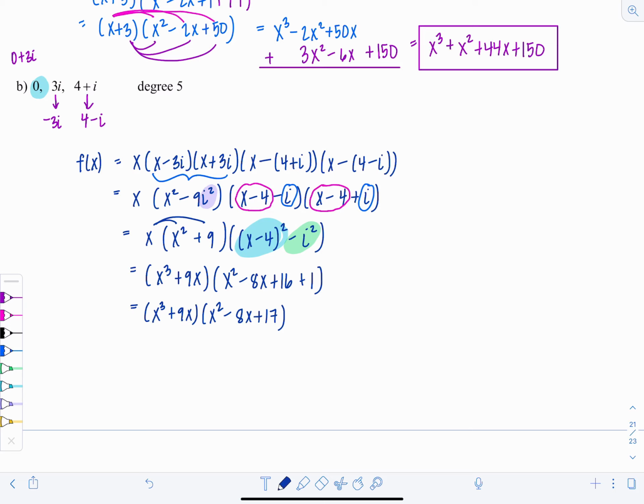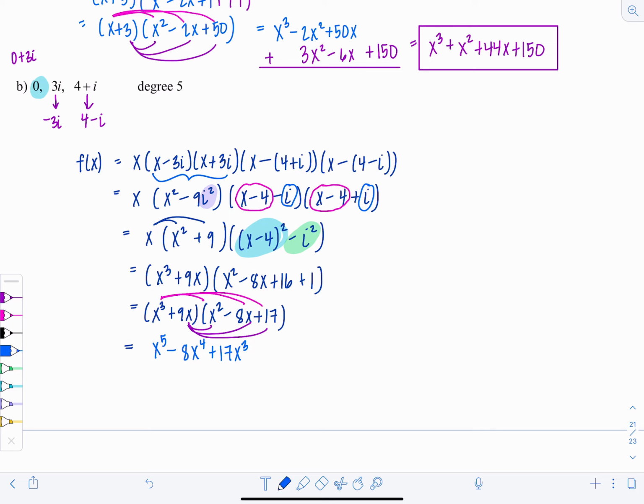And now we just FOIL away. So distribute the x cubed. We will have x to the 5th. Yes, that's what we needed. Minus 8x to the 4th plus 17x cubed. Now I'll distribute the 9x.